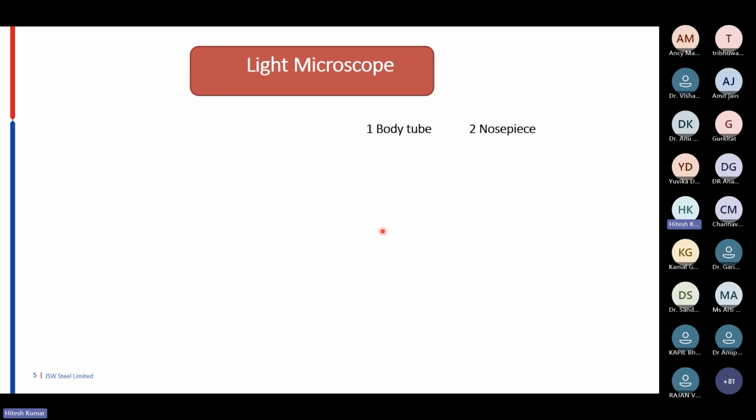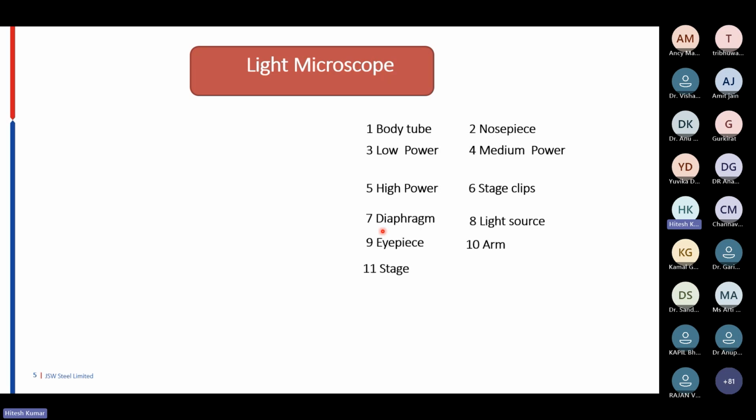So what are the different parts of a light microscope? One is the body tube, another is the nose piece, low power, medium power, high power, stage clips, diaphragm, light source, eyepiece, arm, the stage, the fine adjustment, and the base.